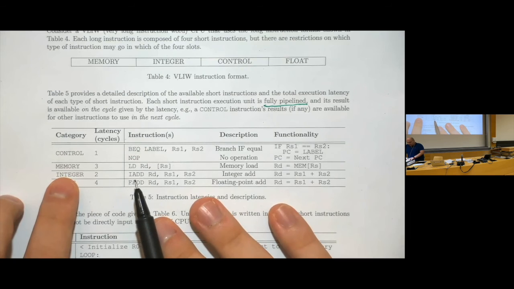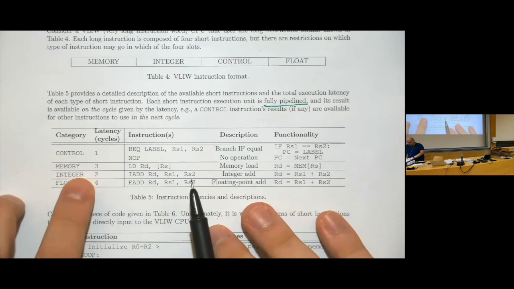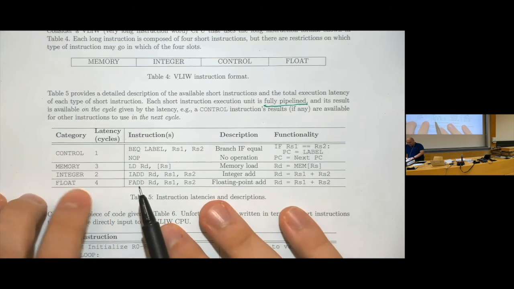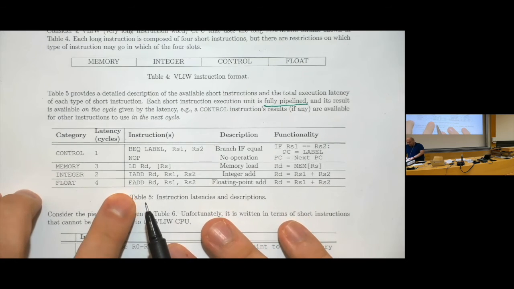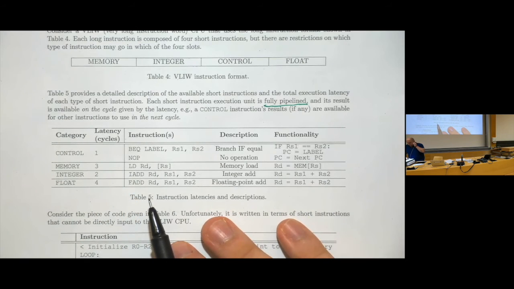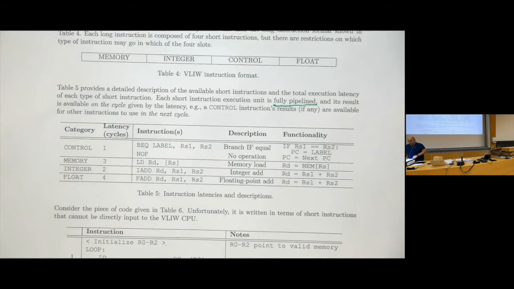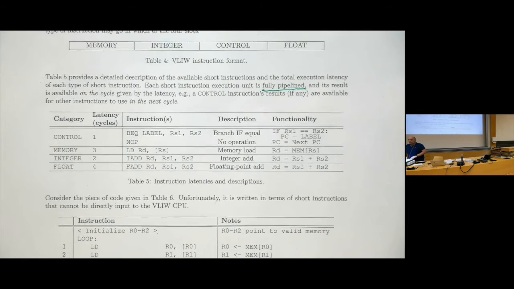We have a load instruction, which has a latency of 3 cycles. We have an integer add and a floating point add instruction also. These should be very familiar. They follow syntax analogous to MIPS. So just keep these in the back of your mind. We'll come back to them as soon as we need them.